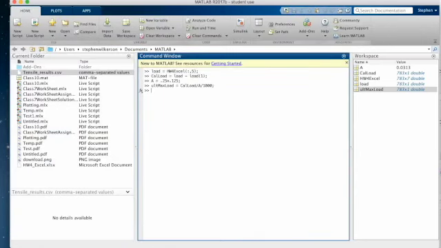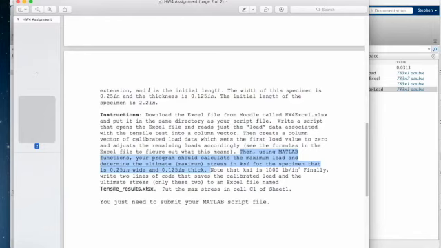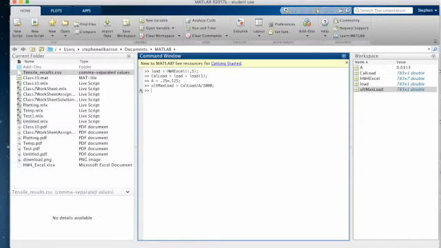Okay. Now the last instruction: finally, write 2 lines of code that save the calibrated load and the ultimate stress only, these two, to an Excel file named tensile_results.xlsx. I can actually do it in one line of code, so I'm going to do it in 1 line rather than 2.